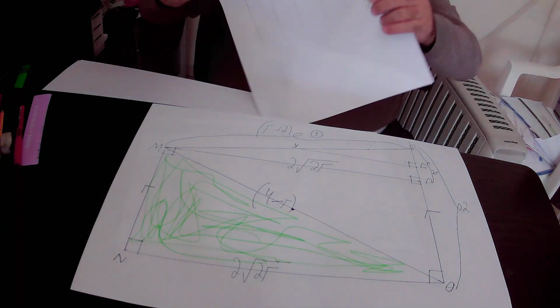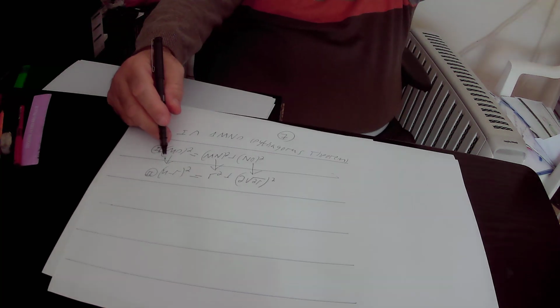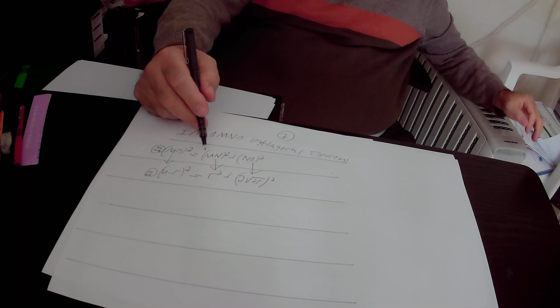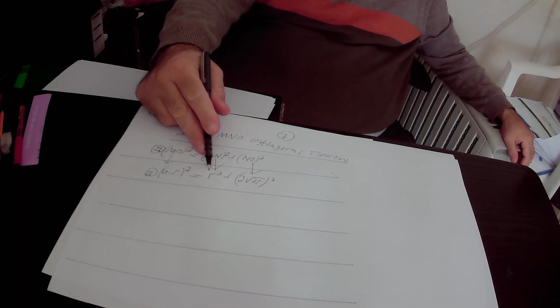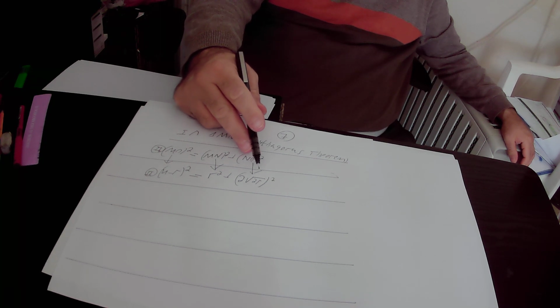So I will repeat again. MO equals to 4 minus R, therefore MO square equals to 4 minus R square. MN equals to R, therefore MN square equals to R square. NO equals to 2 times square root of 2R, therefore NO square equals to 2 times square root of 2R square.